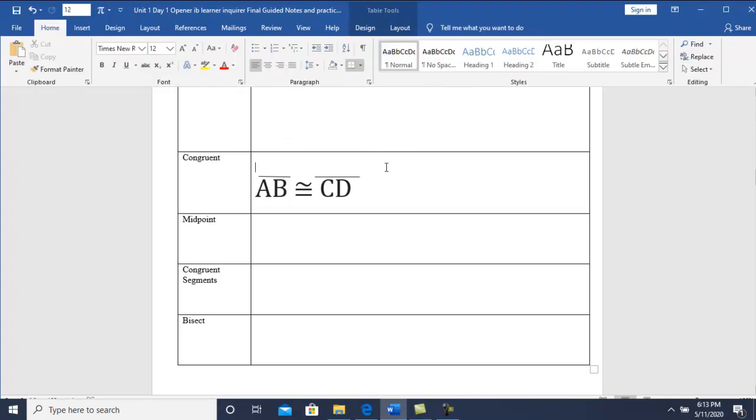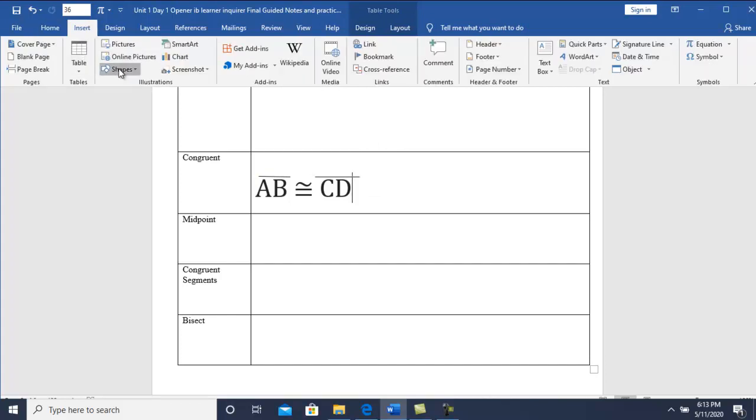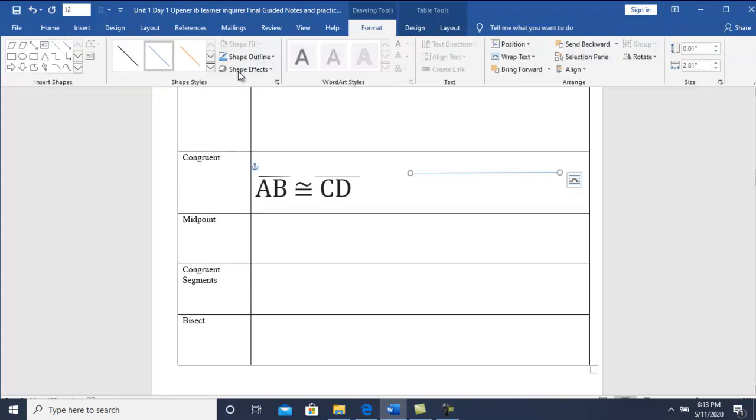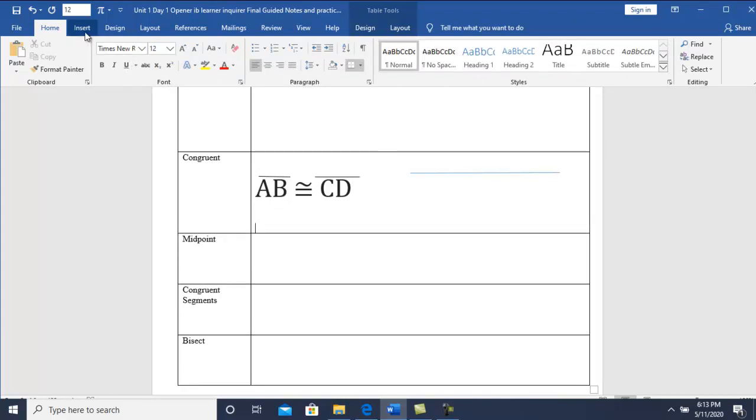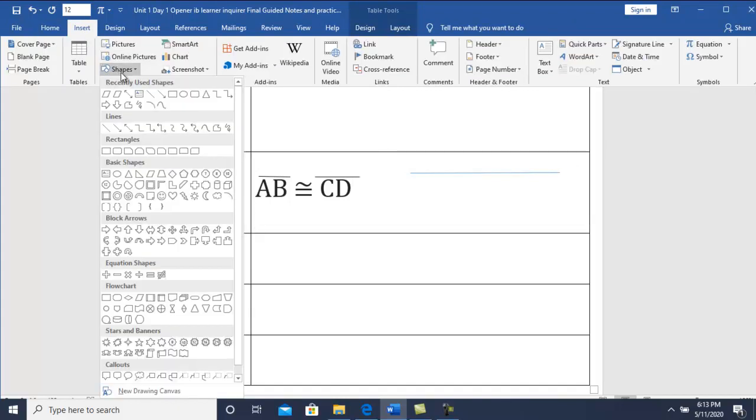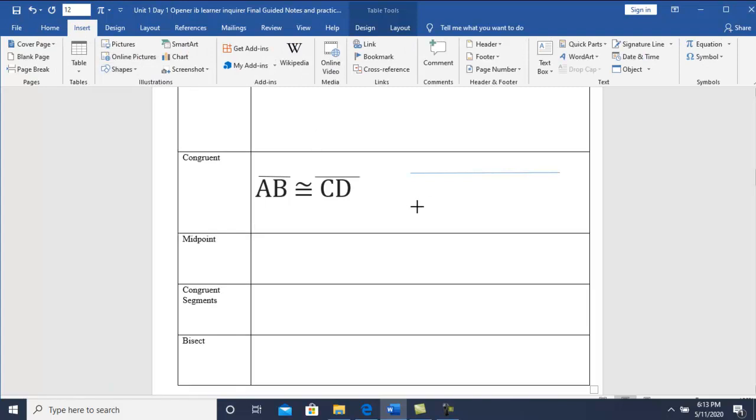We're going to draw two line segments. This first one. And let's draw a second one.